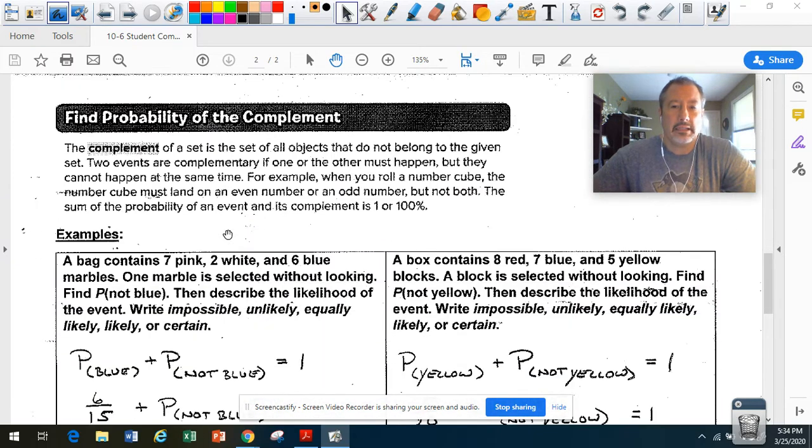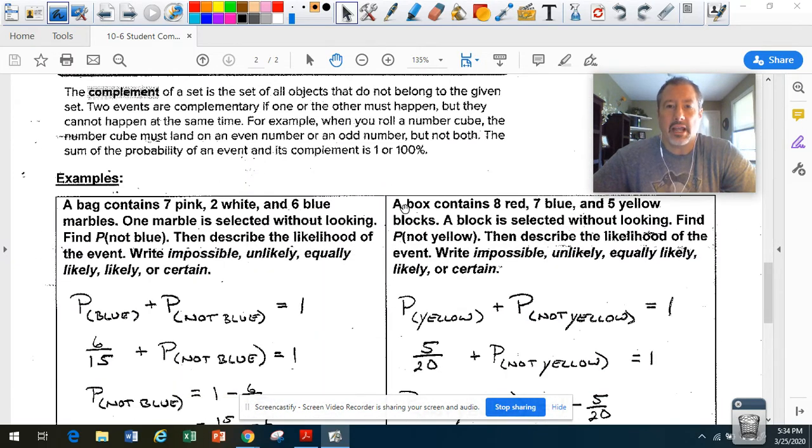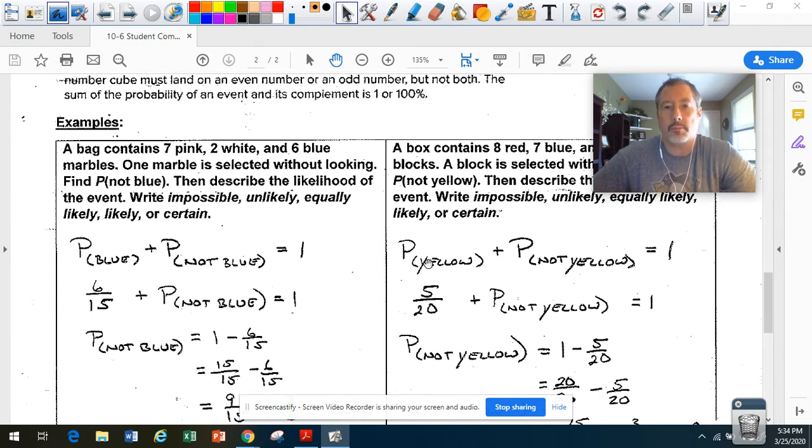Okay, let's go with the next one here. It says a box contains 8 red, 7 blue, and 5 yellow blocks. A block is selected without looking. Find the probability of not yellow. So let's go back through this again. We know the probability of yellow is 5 over 20.